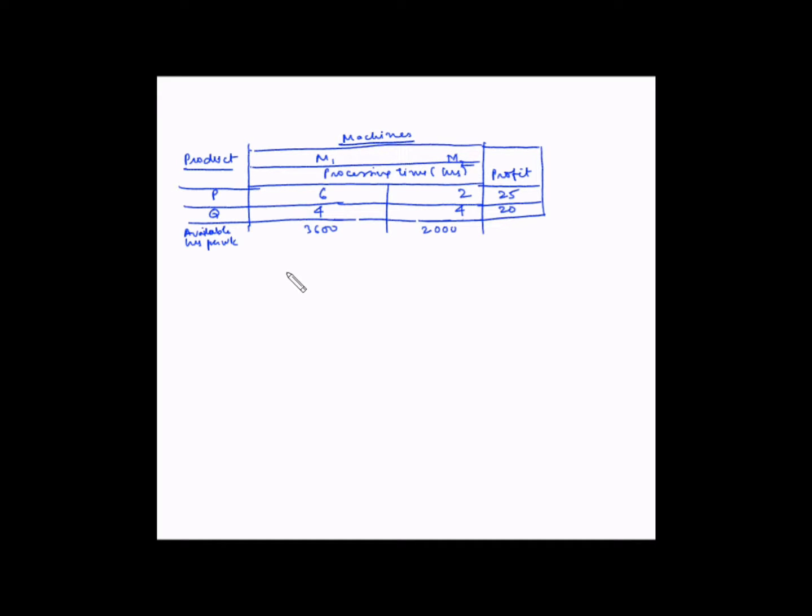Now let us first note down the decision variables. So first step in order to solve this problem using linear programming method is to formulate the linear programming model.